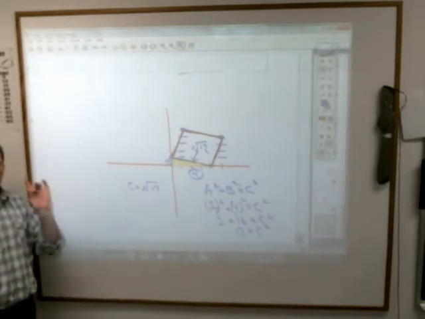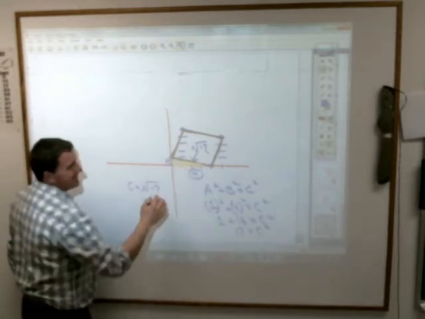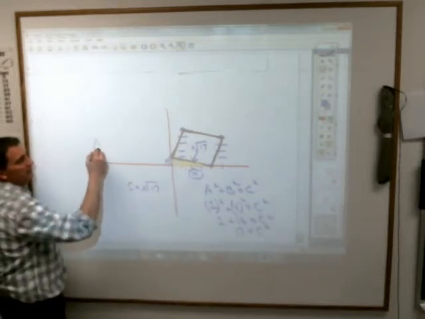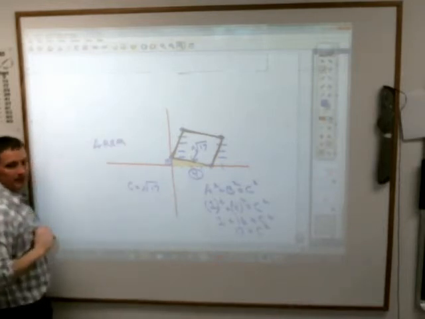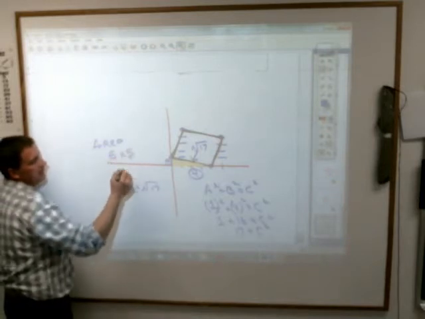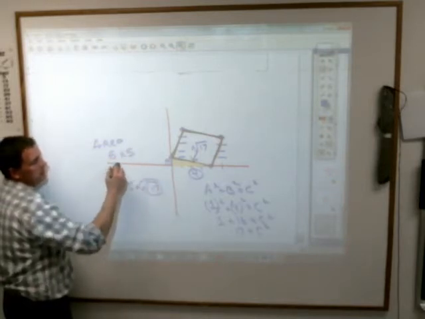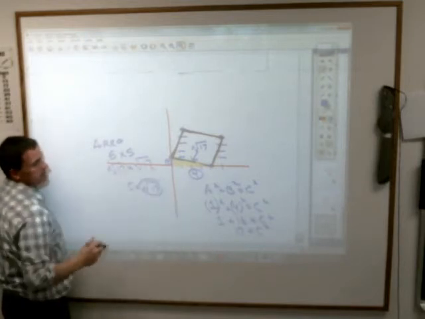The reason it falls in this lesson is because they didn't just ask you that side, they also asked you the area of the square. How do I find the area of a square? Side times side, which means it's the square root of 17 times the square root of 17.